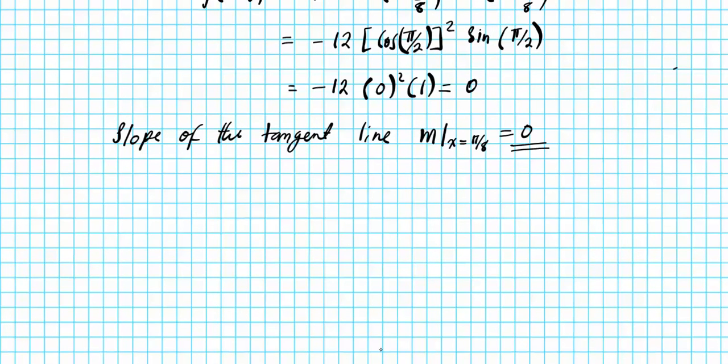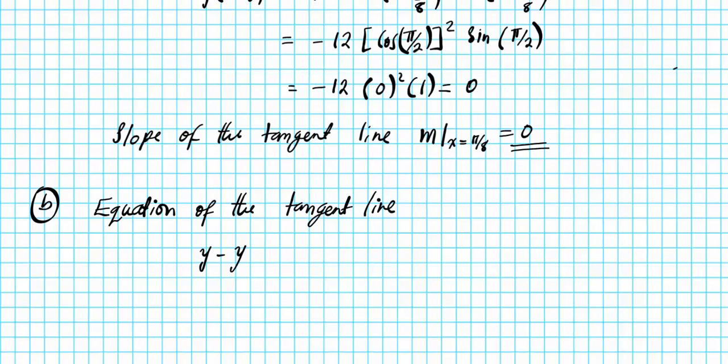All right, the next part, we have to find the equation of the tangent line. Okay, so for equation of the tangent line, we're going to be using the formula that we specified earlier. And the formula is y minus y1 equals m times x minus x1. Okay, we already know that the x1 is pi over 8.